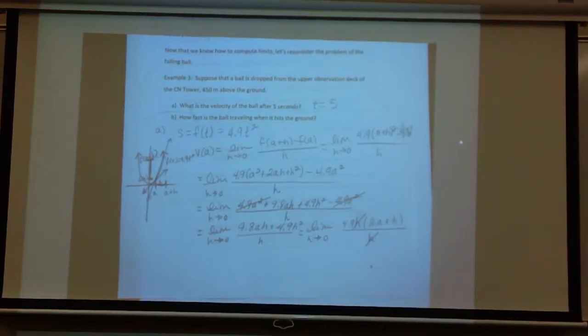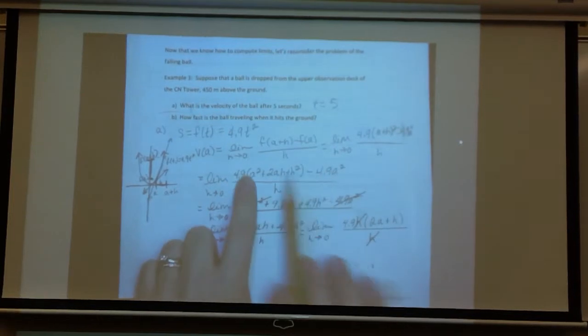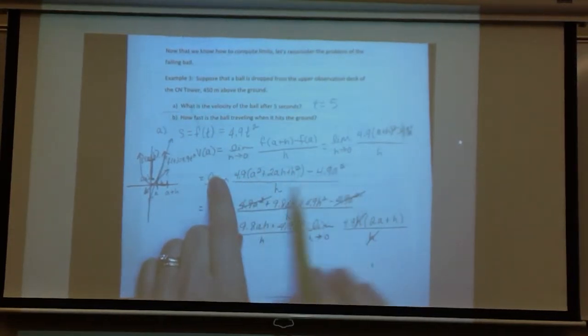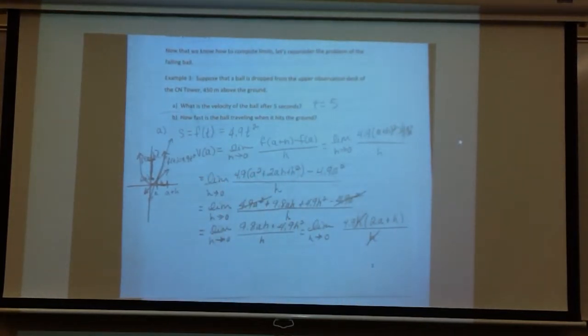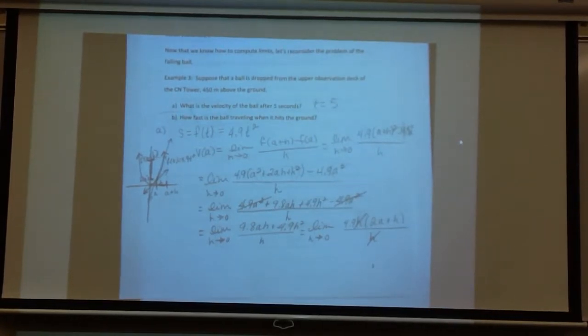I guess I didn't really have to distribute my 4.9, but I did because it just made it easier. I could have factored it out right here and then have this and this combine and get rid of just the a squareds, but whatever. I think I did that once before and everybody kind of panicked, so I'll just distribute it and then recollect it. It's fine.